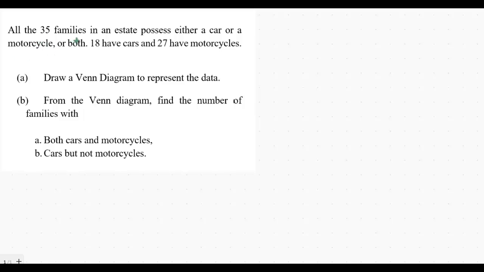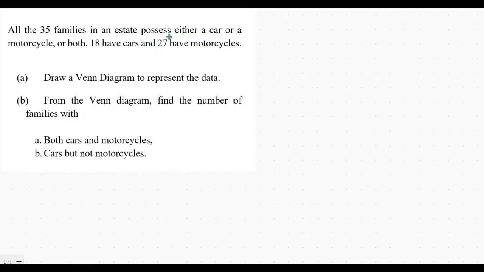So we are right now studying a bunch of families which are living in an area, and the total number of families are 35, and out of these 35, 18 have cars and 27 have motorcycles.